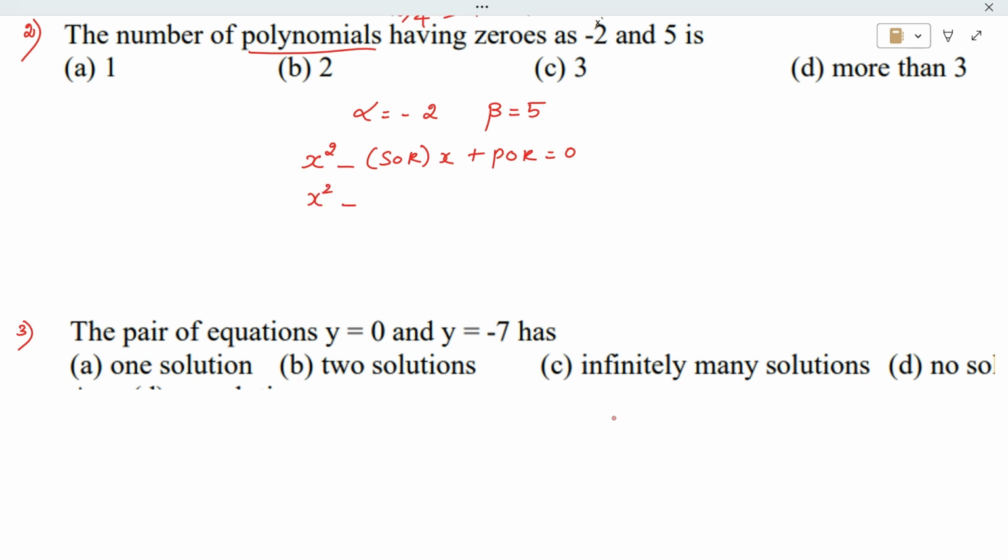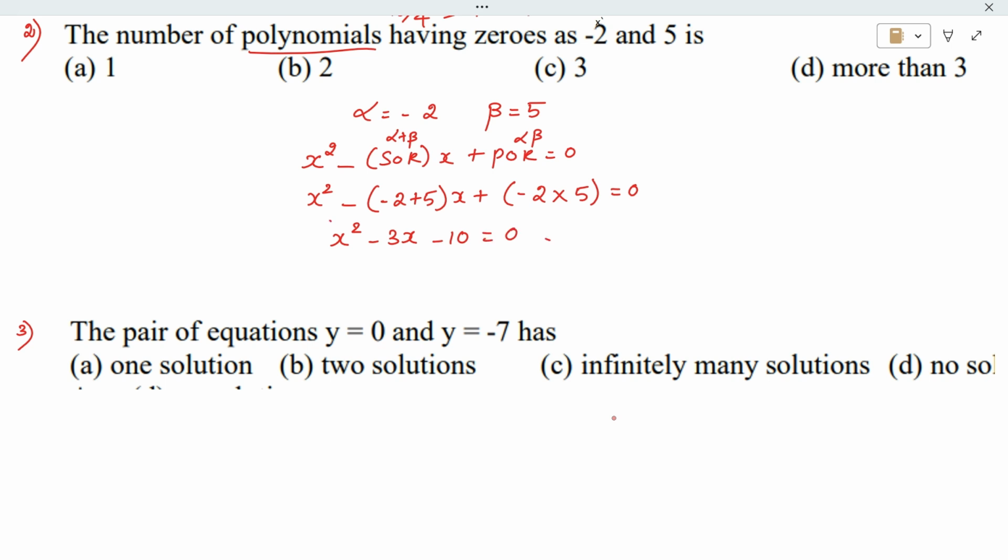So x square minus the sum of the roots, minus 2 plus 5, x plus the product of the roots, which will be minus 2 times 5, is equal to 0. Okay, so the sum of the roots is alpha plus beta and the product of the roots will be alpha beta. So it will be x square minus 3x minus 10 equal to 0. This is one of the polynomials.